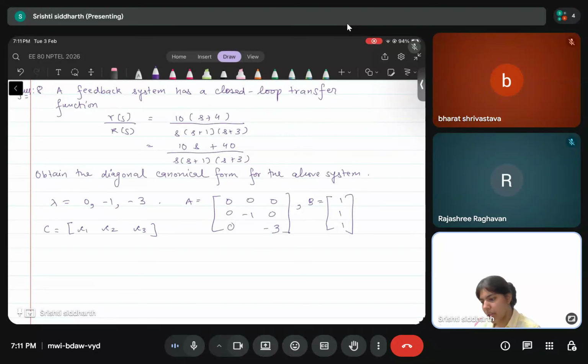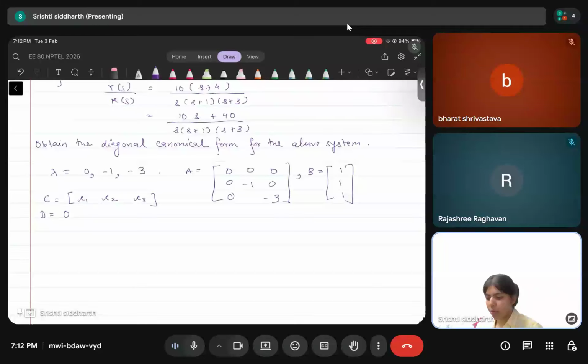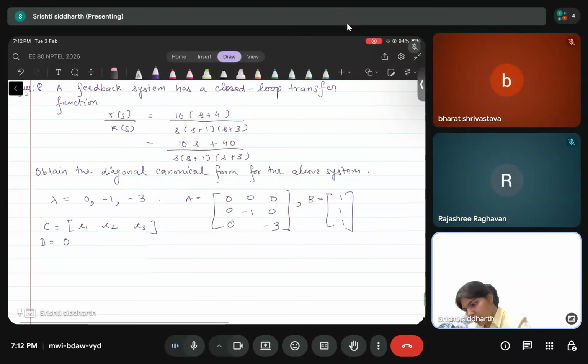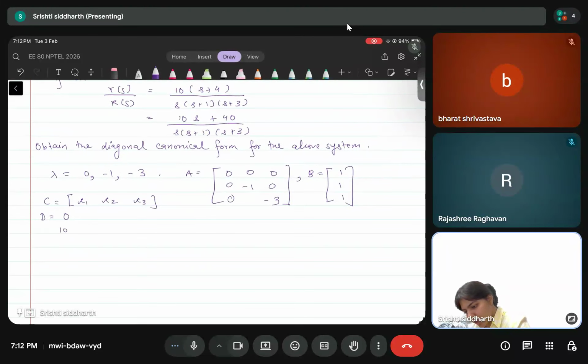And what about D? D is 0, right? There's no coefficient for s cubed in the numerator. So now we have to figure out these coefficients C1, C2, and C3. So let's say that this was 10 s plus 40 over s, (s plus 1), (s plus 3).